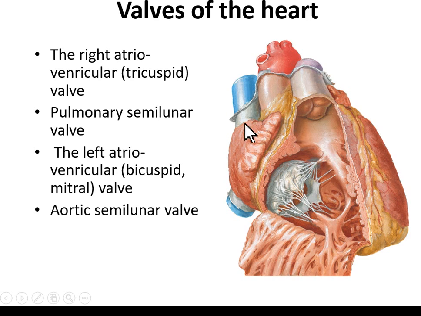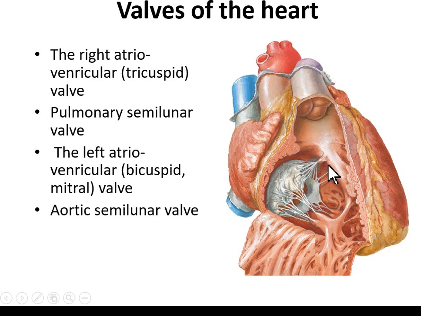These orifices are regulated by valves of the heart. The right atrioventricular valve, or tricuspid valve, regulates the opening of the right atrioventricular orifice. The left atrioventricular valve, or bicuspid valve, regulates the left atrioventricular orifice.